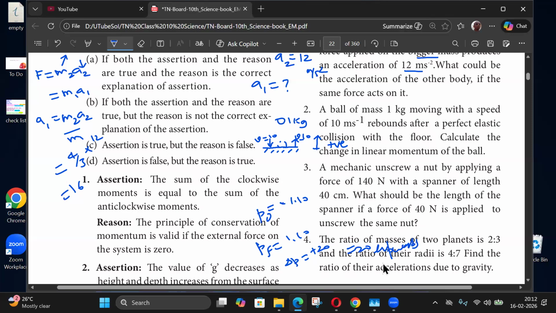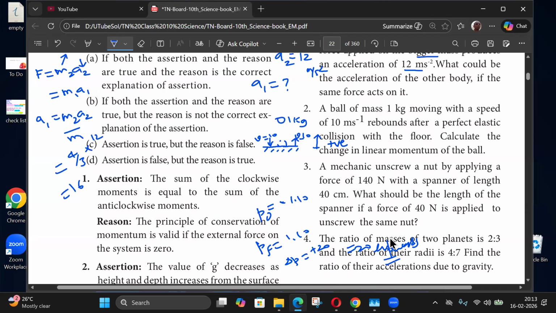If you choose the other way, then it is minus 20, but still it should be upwards. The final direction should be correct. Okay, third one.